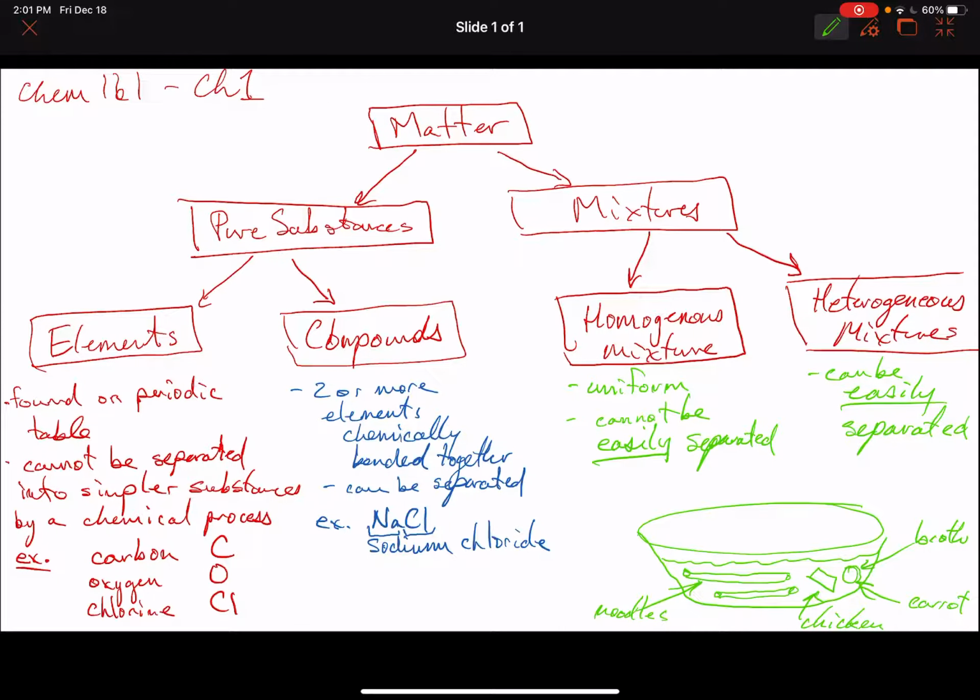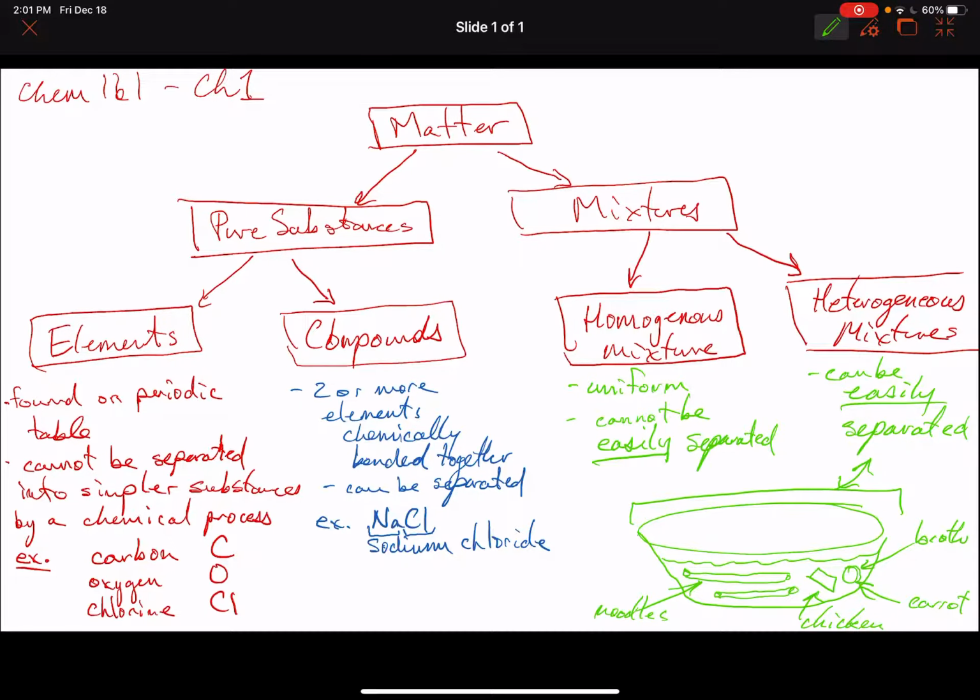This chicken noodle soup would be considered a heterogeneous mixture, given that we could easily separate carrots, chicken, noodles from the broth.